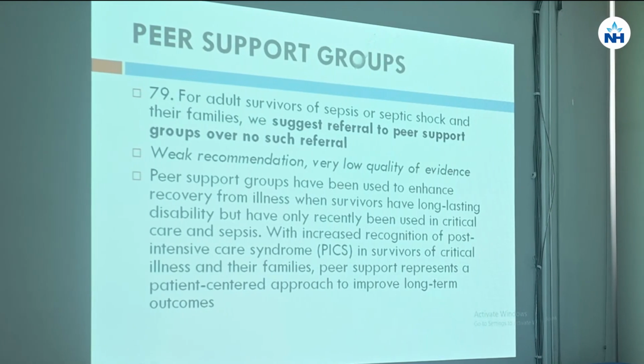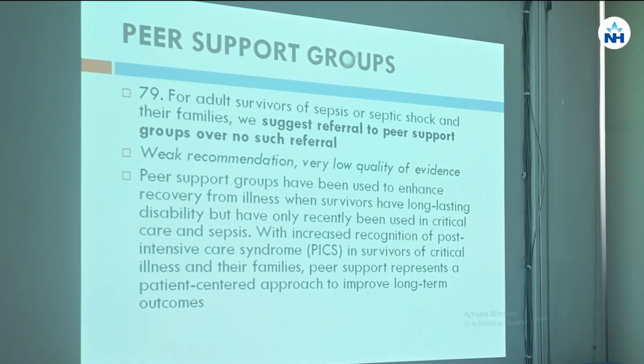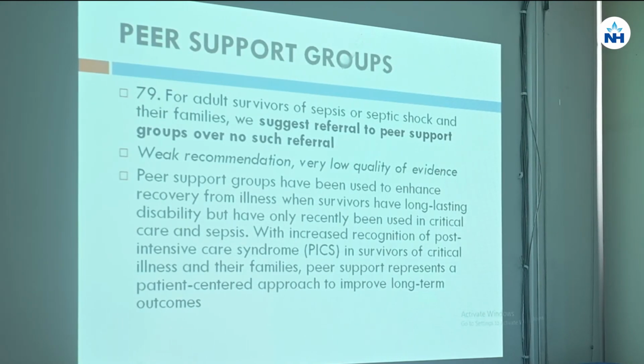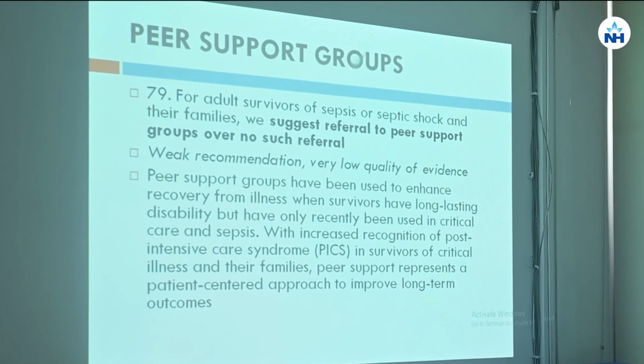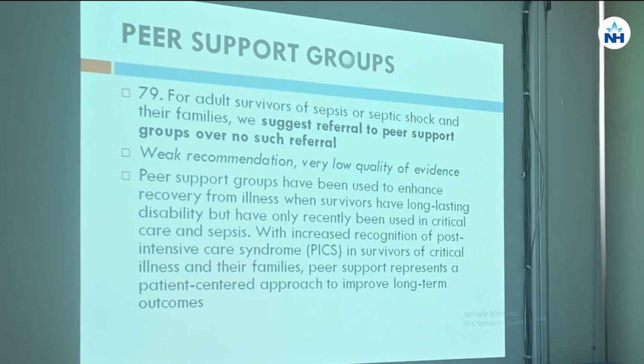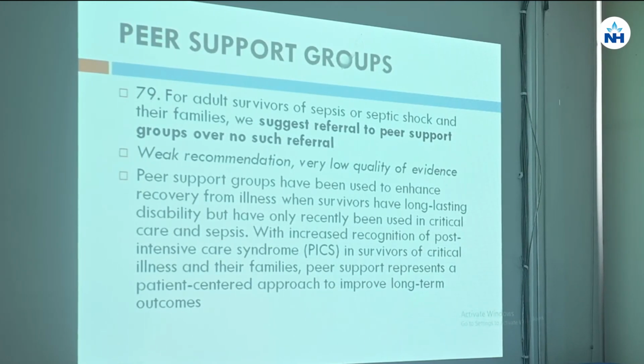For adult survivors of sepsis and septic shock and their families, we suggest referral to a peer support group over no such referral. Weak recommendation, very low quality of evidence. Peer support groups have been used to enhance recovery from illness when survivors have long-lasting disability, but have only recently been used in critical care and sepsis.